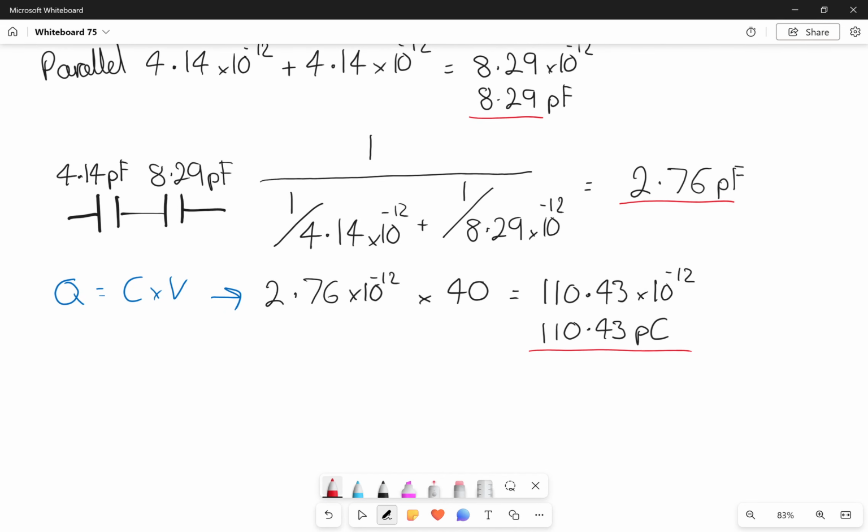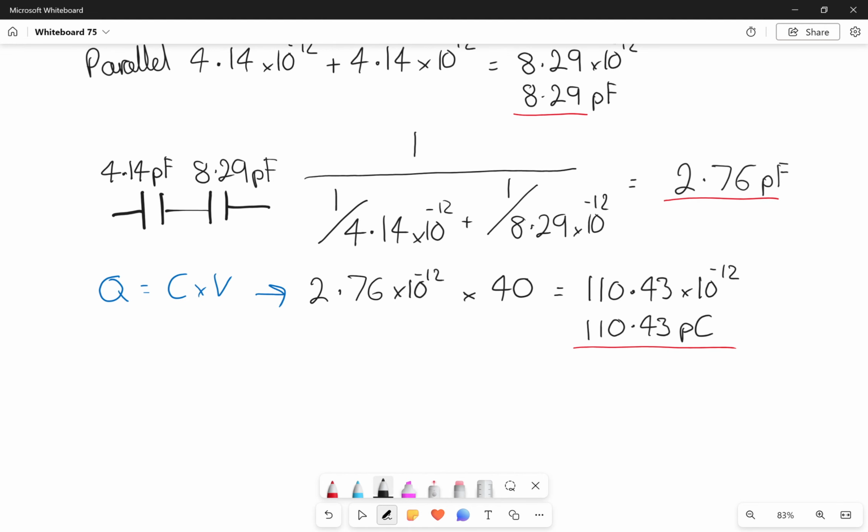Now we've got total charge, we can work out, by transposing this formula, the voltage dropped across the first capacitor. Now when we transpose our charge formula, it's probably easier to represent it in this triangular format here.